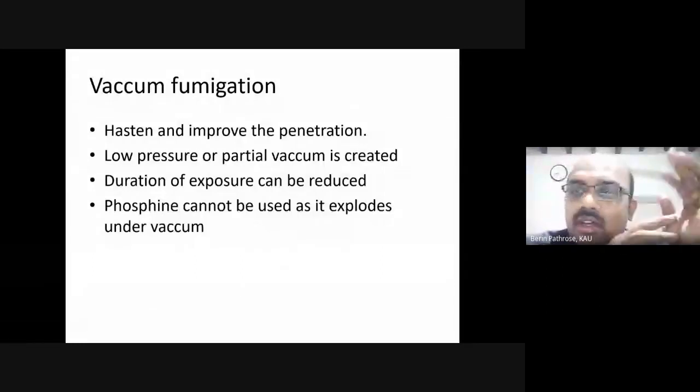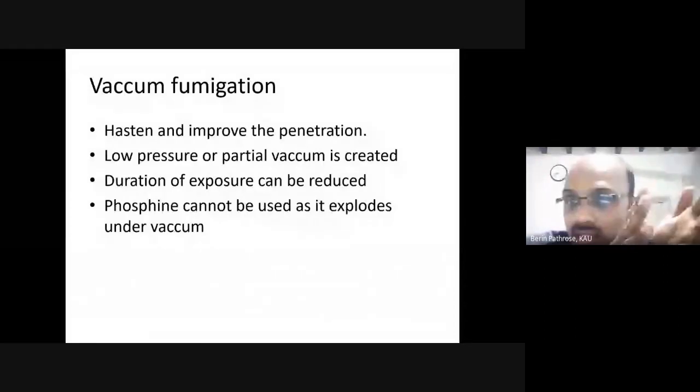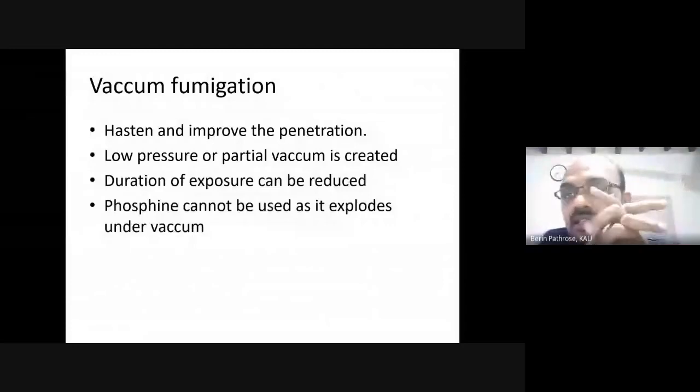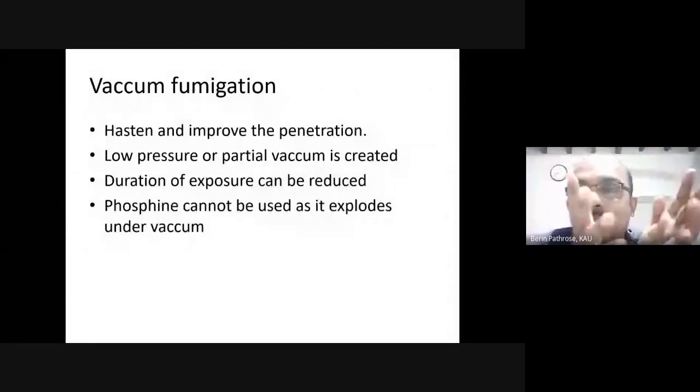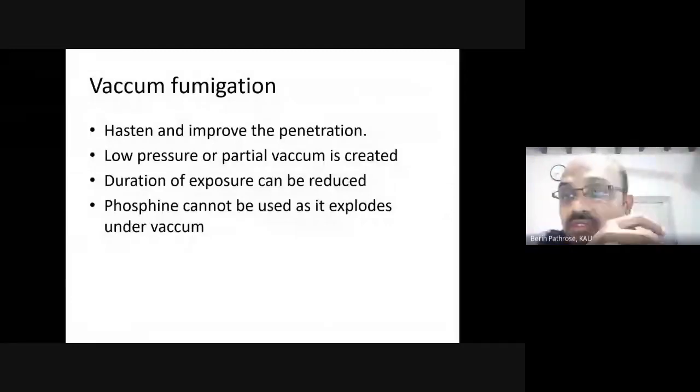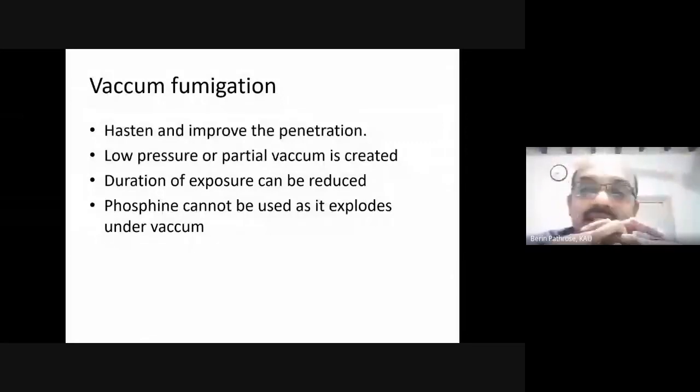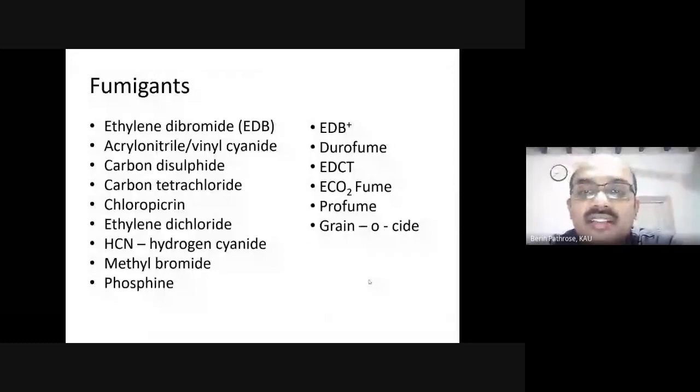So first we will discuss a few chemicals which were widely used as fumigants earlier, and later, after discussing methyl bromide and aluminum phosphide, we will see a few chemicals which evolved recently, which are considered to be an alternative to methyl bromide. We will see it one by one, each and every fumigant. I have given a huge list.